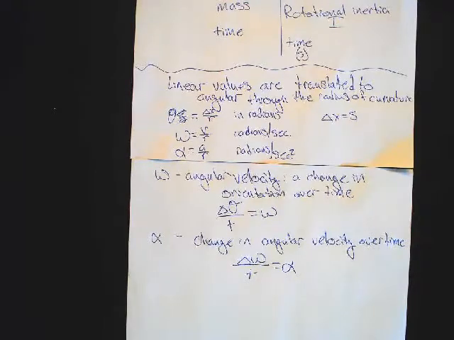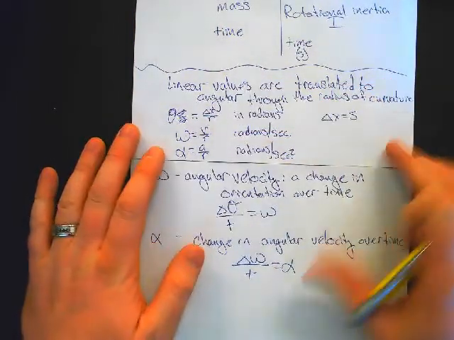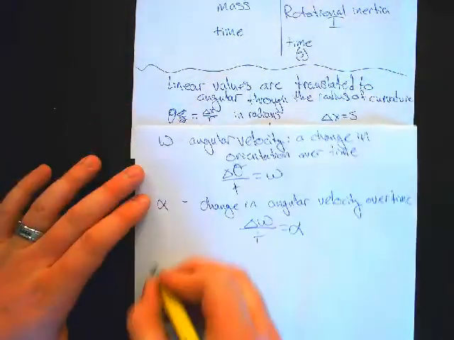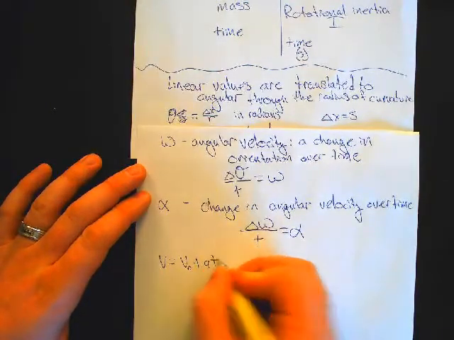For linear concepts, what did we have to use? Kinematics. So we have a set of angular kinematics that we can derive based off of the definitions provided here and the original kinematics. So we've got v equals v naught plus at.